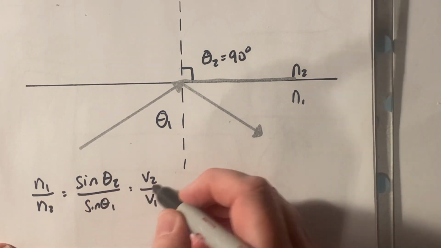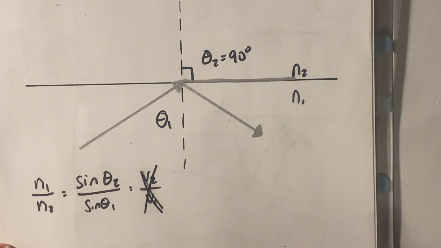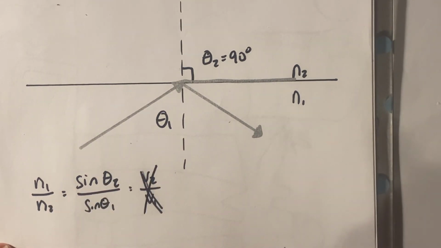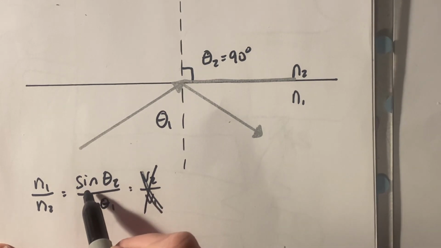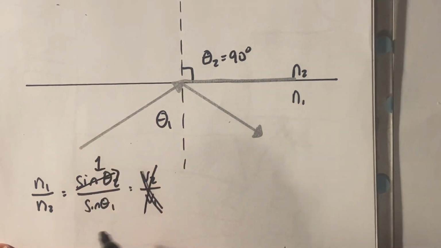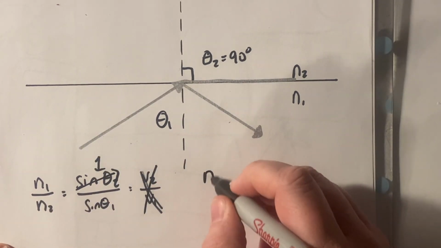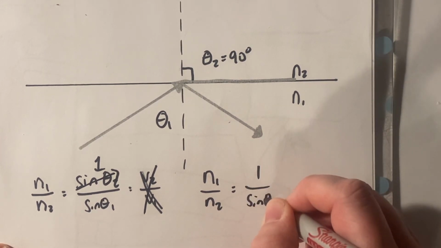And so for what we're doing here, we're going to take off this part. We don't need that part. And we're going to focus on what's happening with N1 over N2 and sine theta 2 over sine theta 1. Well, we know in this situation that sine theta 2 is sine of 90 degrees, which gives us 1. And so we have N1 over N2 is going to be equal to 1 over sine theta 1.